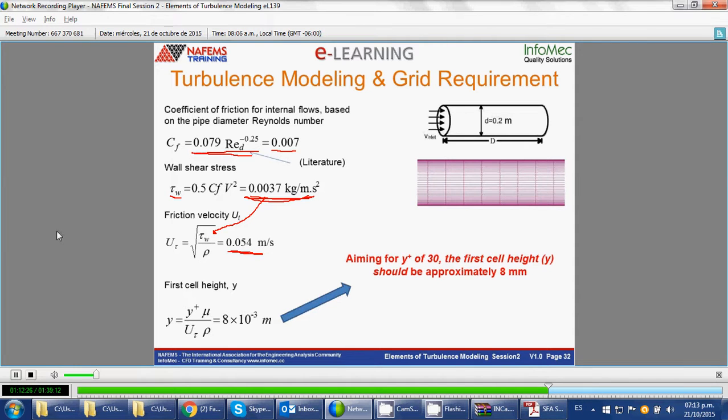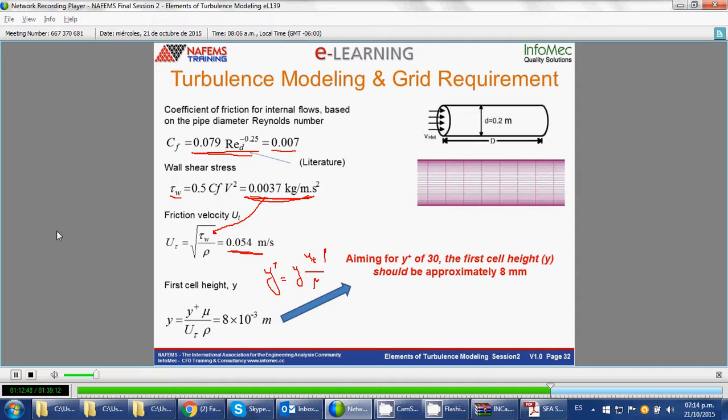And if you remember the equation for how we did non-dimensionalization for y plus, it was y times U tau, multiplied by rho divided by mu, if I remember correctly.